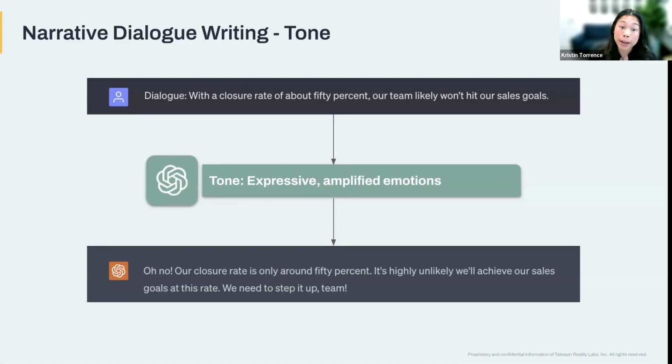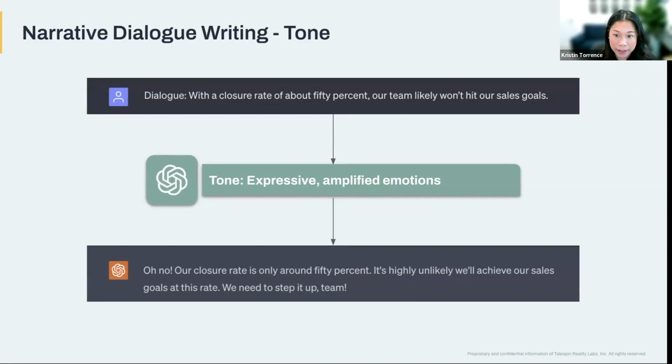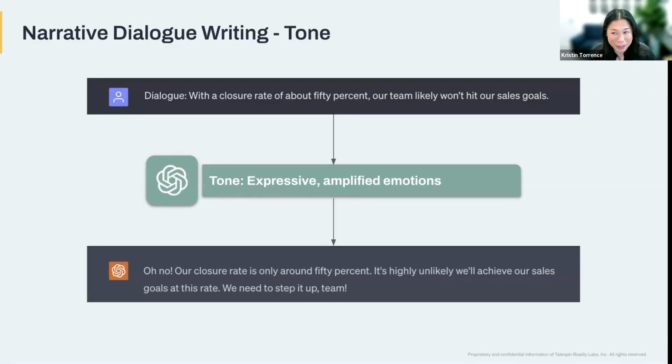ChatGPT was able to rewrite that in a more expressive and amplified emotional tone to, "Oh no, our closure rate is only about 50%. It's highly unlikely we'll achieve our sales goals at this rate. We need to step it up, team." It's a little more expressive, and excuse my acting skills.